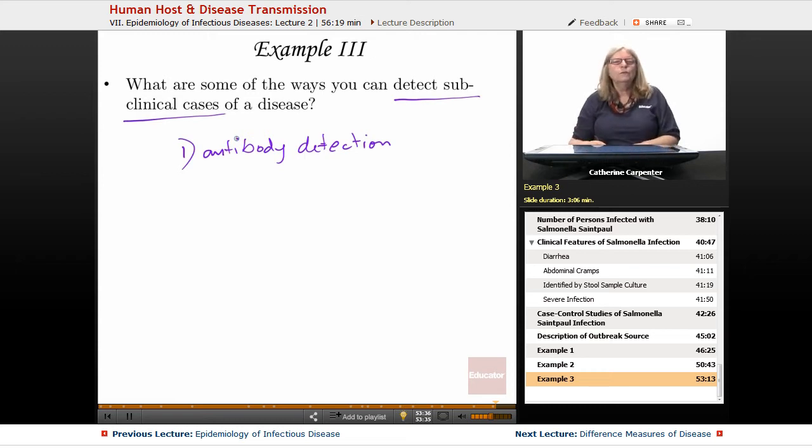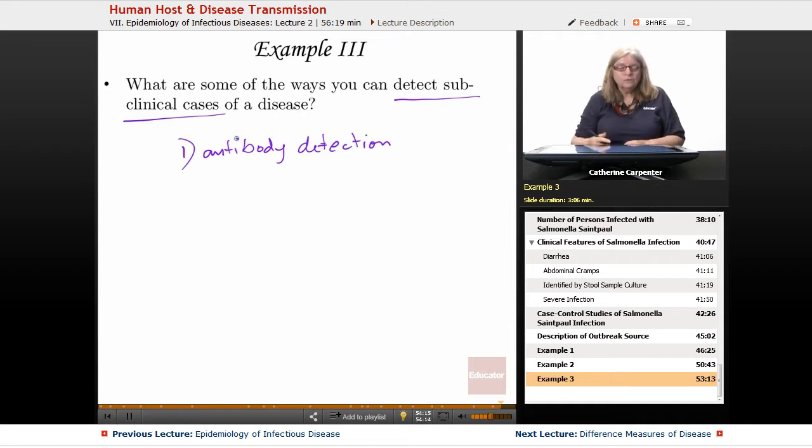Once the test for antibodies to the AIDS virus was discovered, then we could go back and see which individuals had antibodies to the AIDS virus. And a lot of individuals didn't even know, for instance, that they were carrying the AIDS virus, and the only way they knew was actually by getting a positive AIDS test.